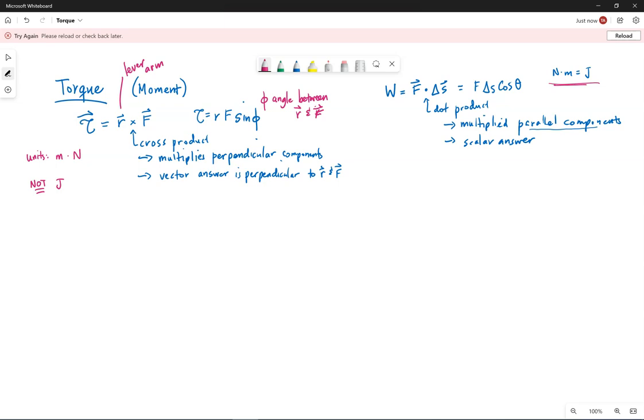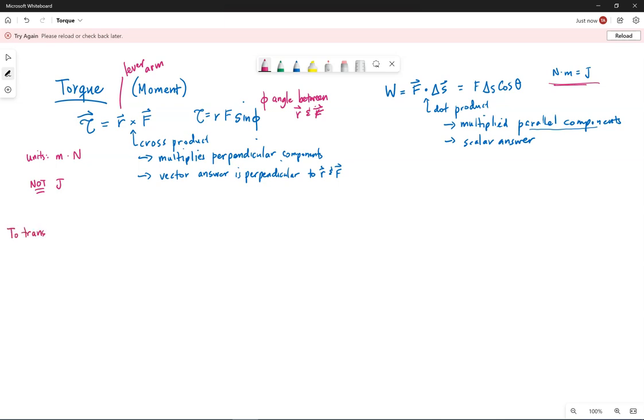But remember, work was a transfer of energy. We either put energy into a system or took it out. Torque in and of itself is not transferring energy. It can cause an object to turn, potentially, but it doesn't have to per se. In order to turn this into an energy, the torque needs to be applied over some sort of distance.